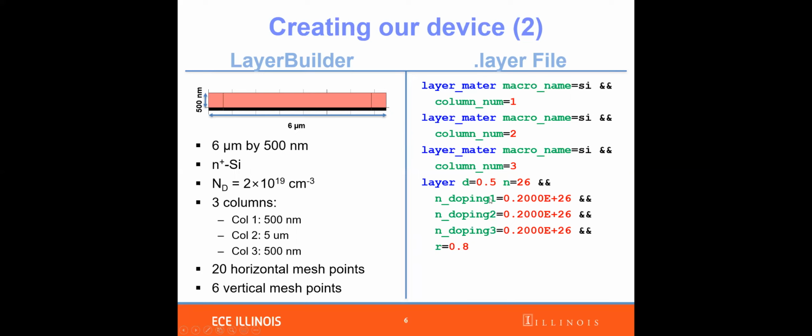Then you define the N doping concentration for column 1, column 2, column 3. Here we use a non-uniform mesh R ratio of 0.8. What that means is that the mesh becomes increasingly dense as Y increases. Y is the layer direction.